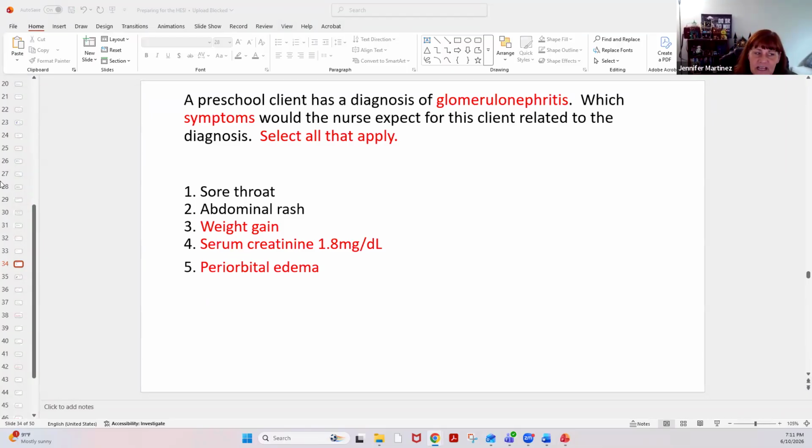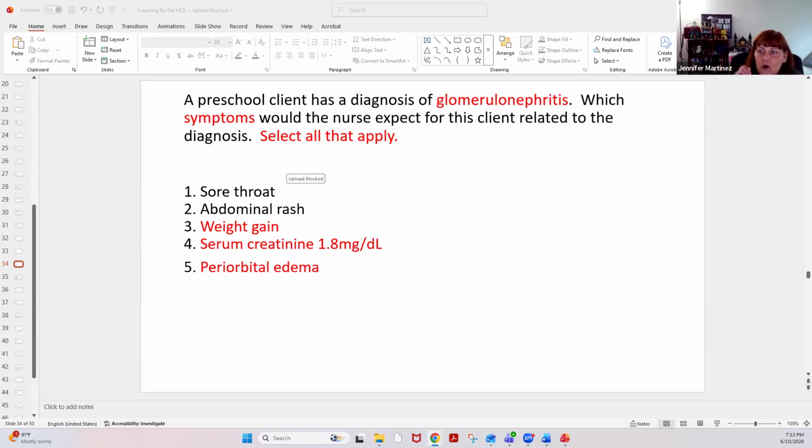Just like I said, we have the inflammation down at the glomerulus, so the kidneys are impaired. We're not filtering, they're not able to balance the fluids like they should, which causes excess salt and water to build up in the body, which is going to lead to that swelling.